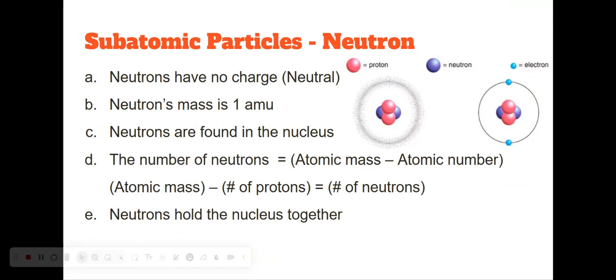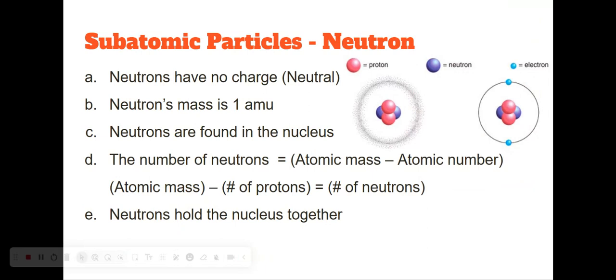Next, we have the neutron. The neutron is also found in the nucleus with the protons. Neutrons, if you look at their first 5 letters, N-E-U-T-R, those are the same first 5 letters for the word neutral, N-E-U-T-R, okay? So neutrons have a neutral charge, which can also be referred to as no charge. It's neither negative nor positive. It's neutral.